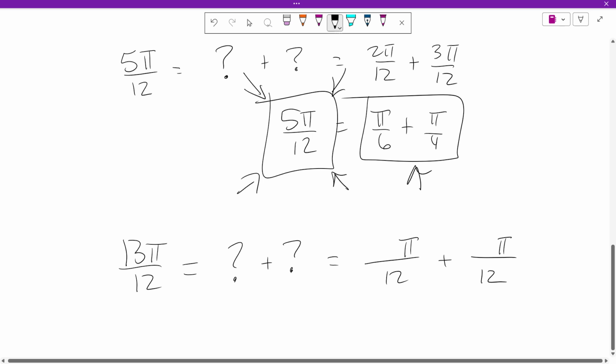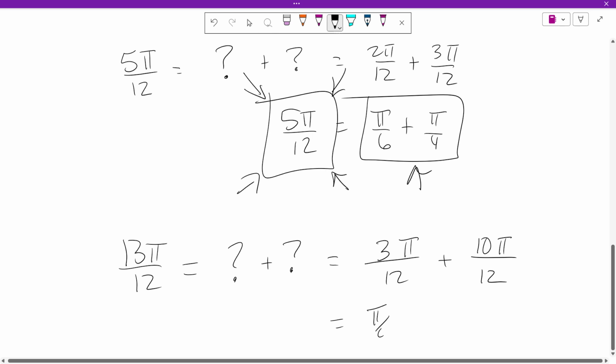Can we use 3 pi over 12? Well, 3 pi over 12 is pi over 4. So 3 pi over 12 plus 10 pi over 12. 10 pi over 12 reduces down to what? 5 pi over 6. I think that works. 3 and 10 make 13.